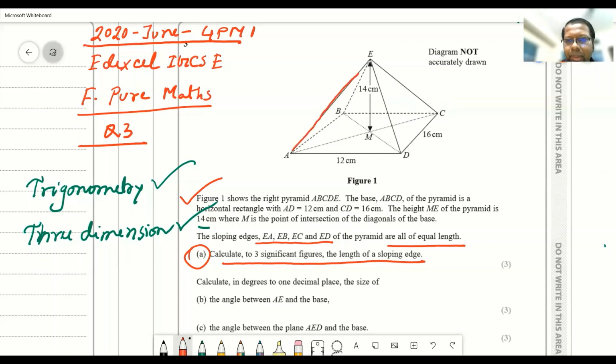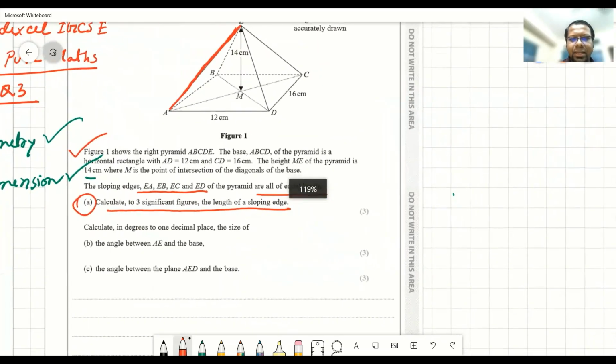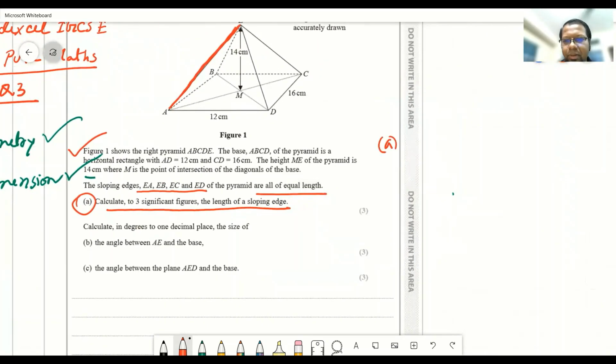Why? Because if you look at the diagram, the base is a rectangle. So if we consider triangle ADC, that's a right-angled triangle, because it's a rectangle. At point D, the angle is 90 degrees.